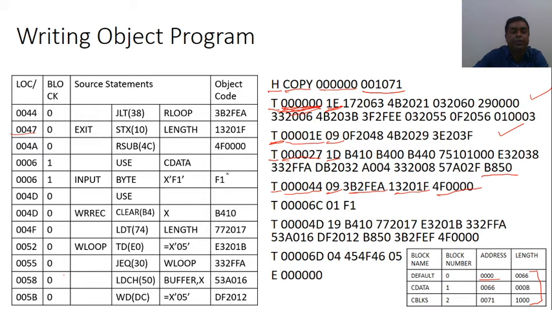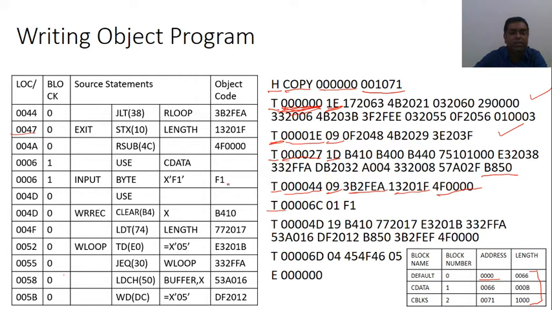Now our next text record is from the CDATA block, because I am getting the object code F1, which is from the CDATA block. So our next text record T will contain only 1 byte, because the CDATA block starts here and only a 1-byte object code is there, after which I get the default block.